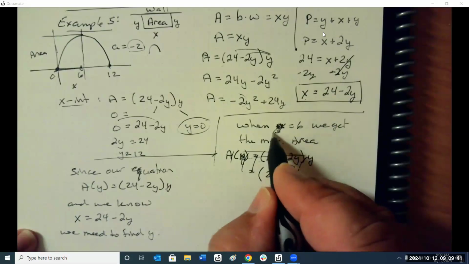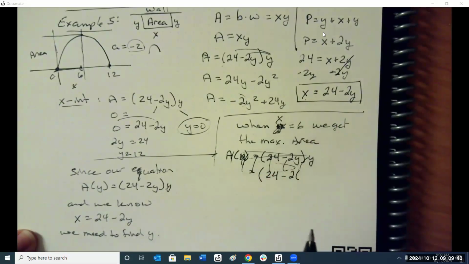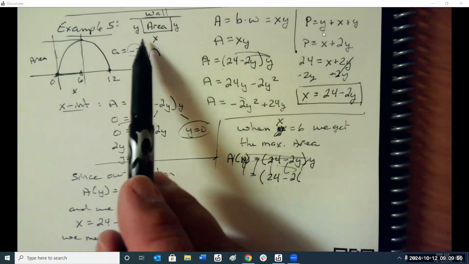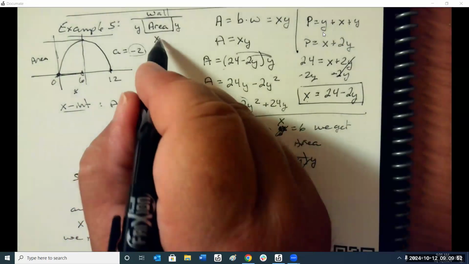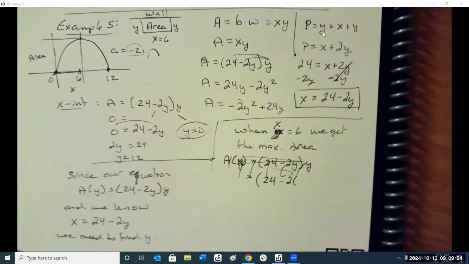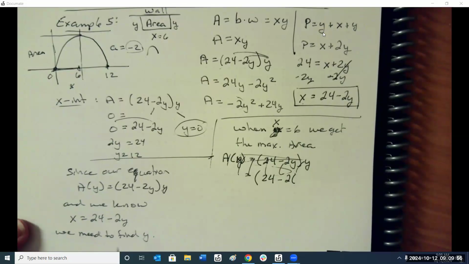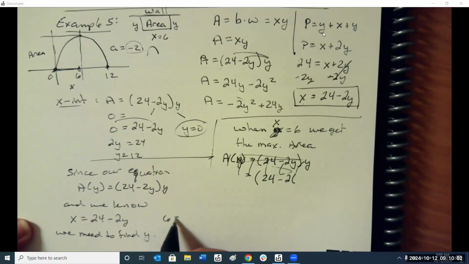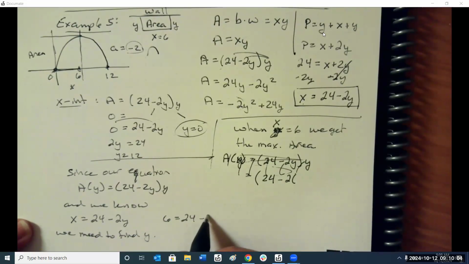So when x is equal to 6, when the width of the whole thing is 6 feet, what's the depth going to be? When x equals 6, we have 24 minus 2y equals 6.